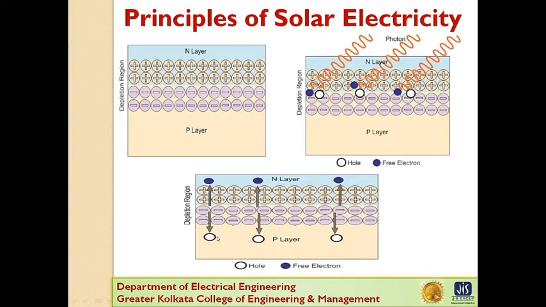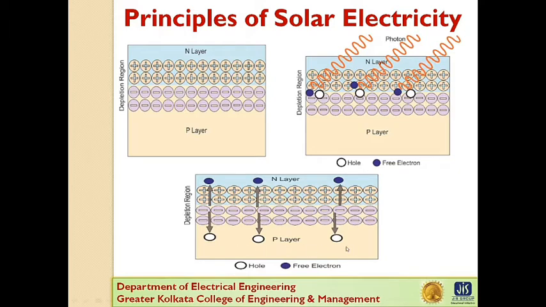Now the free electrons that find themselves in the depletion region will easily pass to the top N layer due to the attraction force of positive ions in the depletion region. In the same way, the holes in the depletion region will easily pass to the bottom P layer because of the attraction force of negative ions in the depletion layer.